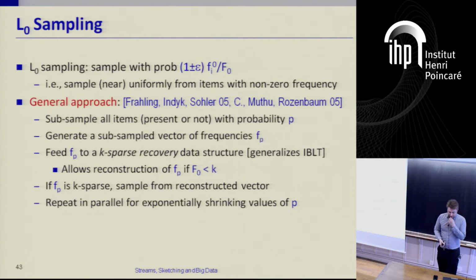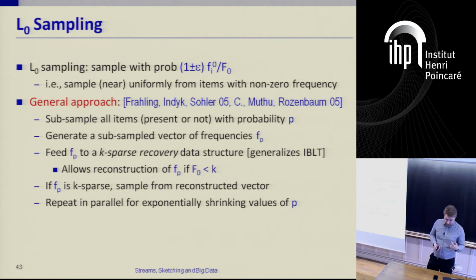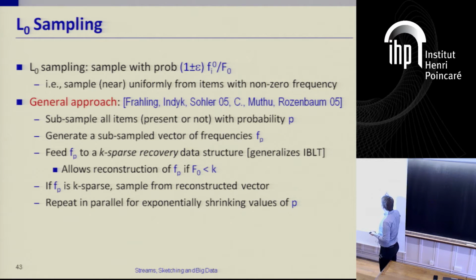And the general approach, outlined about 10 years ago and then refined subsequently, goes roughly as follows. When I see an element arriving, I'm going to sample it with some probability into a new vector. So with probability p, I pass the element that arrives as a function of its identity, as a function of i. With probability 1 minus p, I drop it.